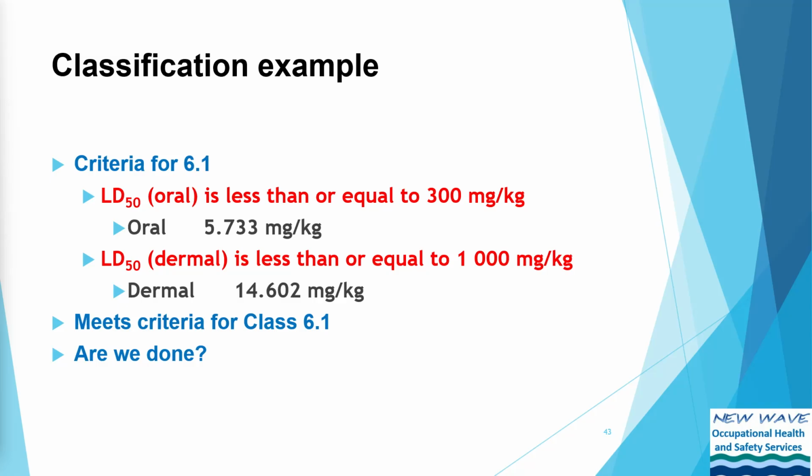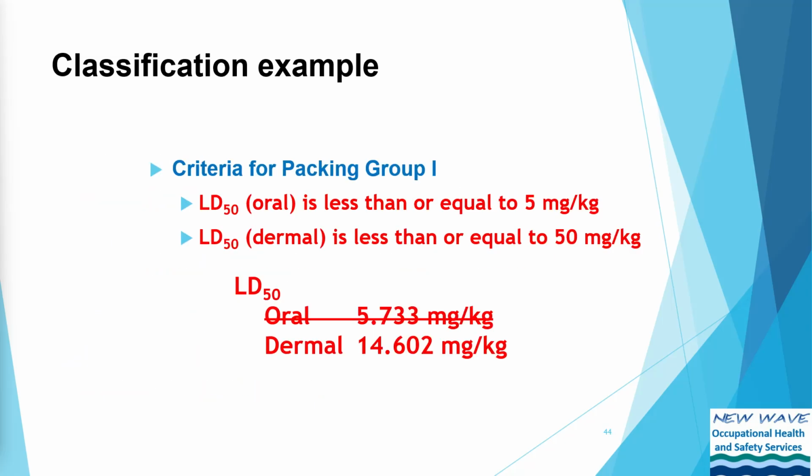So are we done? No, we still need to determine the packing group. The criteria for packing group 1 in class 6.1 are an oral LD50 of less than 5 or a dermal LD50 of less than 50.